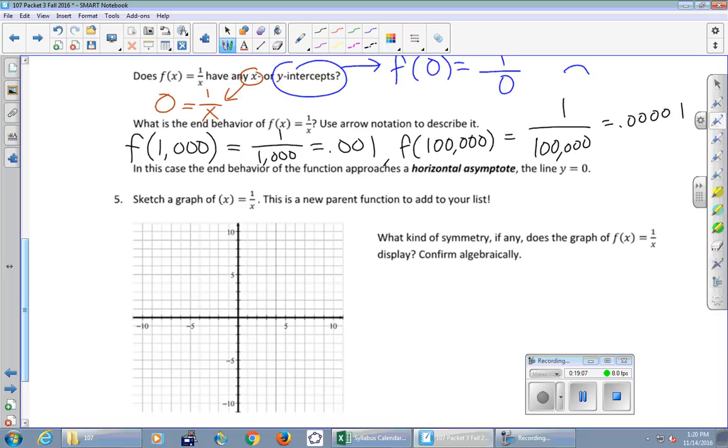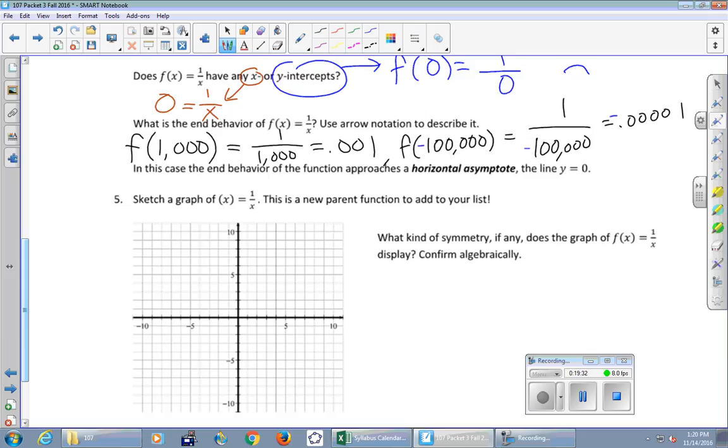Okay, just while this is up here, I'm going to cheat and do the left side at the same time. If I plug in negative 100,000, thinking about going to the far left, I get 1 over negative 100,000, which is negative 0.00001. So when x goes to the far left, what's happening to the y's? Closer to what number? 0. Closer to 0.